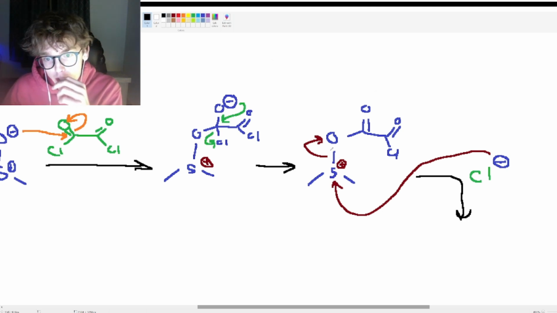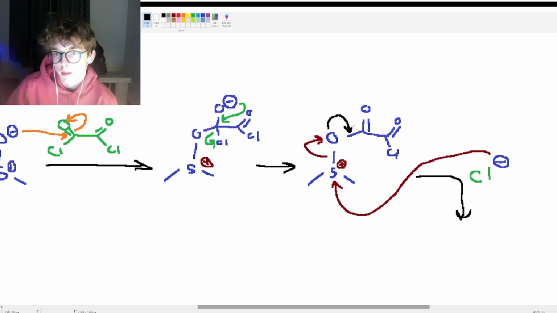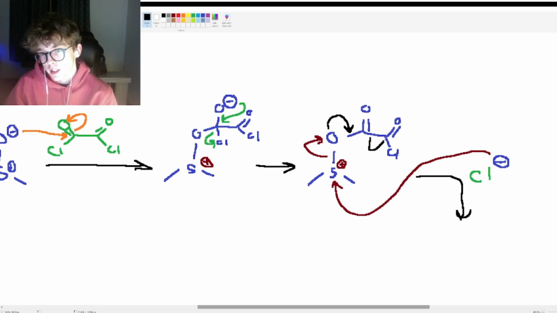So we break this sigma bond here, giving this a negative charge, but then some electrons fold in to make carbon dioxide in a way, and because of that, it's going to detach here, and we're going to see that this oxygen here is going to make a triple bond and kick off the chlorine.